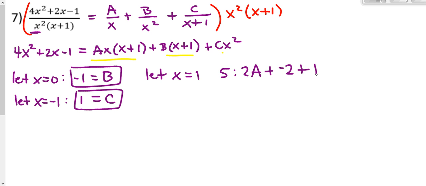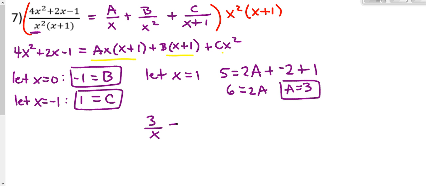So we have 5 equals 2a minus 1, so 6 equals 2a. So a is 3. Okay, so putting that all together, we have 3 over x minus 1 over x squared plus 1 over x plus 1.